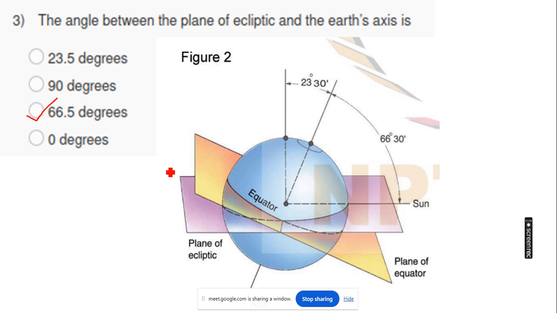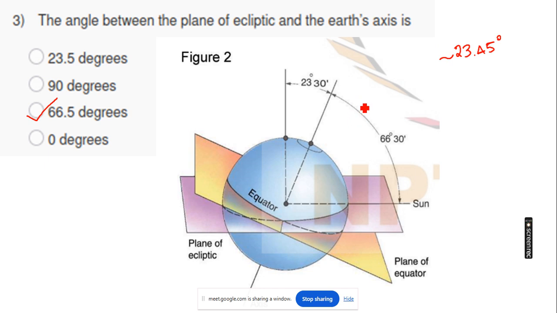So, what is the plane of ecliptic and the Earth's axis? So we know that the Earth's axis is actually not 90 degrees. It is actually a bit tilted, and that axial tilt or the angle of tilt is approximately 23.45 degrees for our Earth's axis.